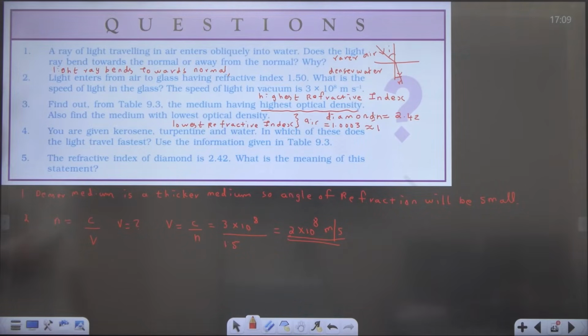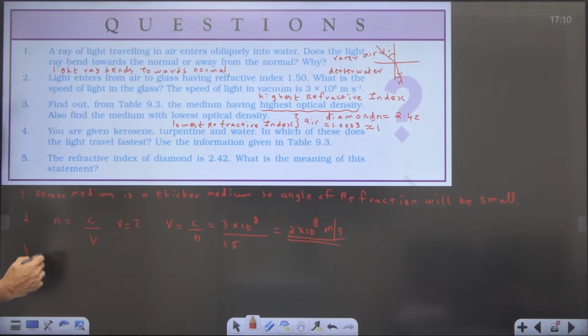You are given kerosene, turpentine and water. In which of these does the light travel fast? Use the information given in the table. So, first of all you should know which of these medium have lowest refractive index. It is based on the refractive index only we can say. So, let's do the fourth question.